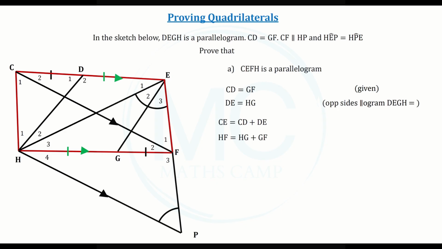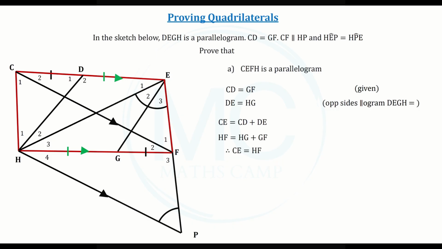Remember that if 2 equations are equal to the same value, then the equations themselves are equal as well. We know that CD is equal to GF, and we know that DE is equal to HG. So we can see that CE must be the same length as HF.